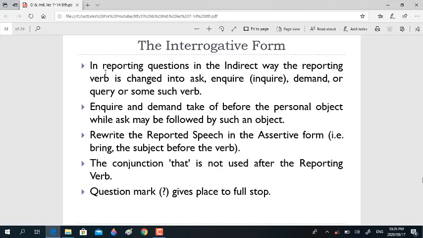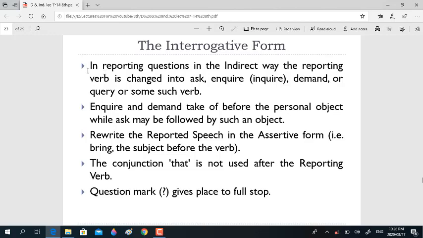So the second change is to put in the conjunctions whether or if, instead of that. We have been using that in the previous types of sentences like assertive, declarative sentences.